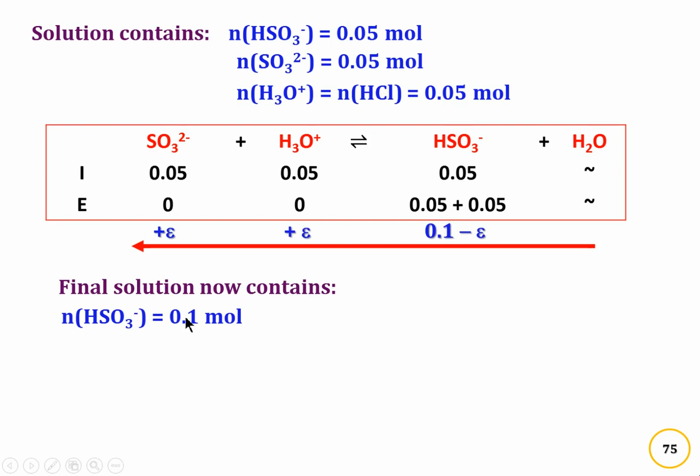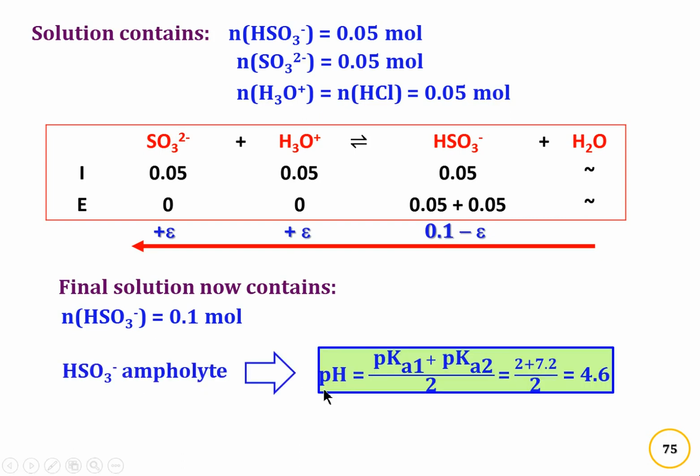So in the final solution, we have only HSO3⁻, which is equal to 0.1 mole, and as you know, HSO3⁻ is an amphoteric substance, or ampholyte, so the pH is directly applied: half of pKa where HSO3⁻ is acid, plus pKa where it's a base.